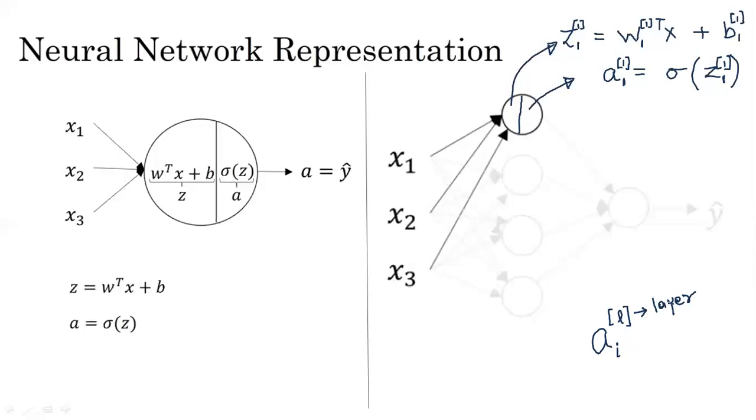Suppose we were working on the first layer of the neural network, then l was equal to 1. So the number in square brackets represents the layer in which we are working in the neural network. And what this i tells us is the node in the layer.